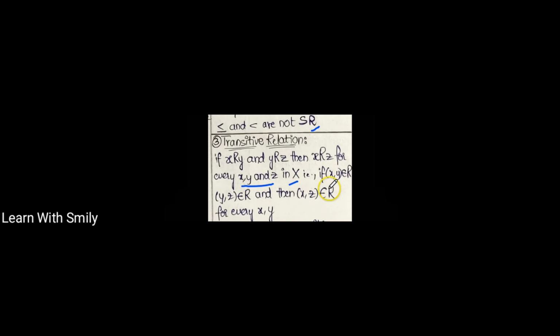It can be done as a equals b, b equals c, then automatically a equals c. So in this scenario it works, right? This can be represented as: if (x, y) belongs to that particular relation and (y, z) belongs to that relation, then (x, z) also should belong to that relation, whatever we take, like equals to, or less than or equal to, or less than. It should satisfy that property or the relation.